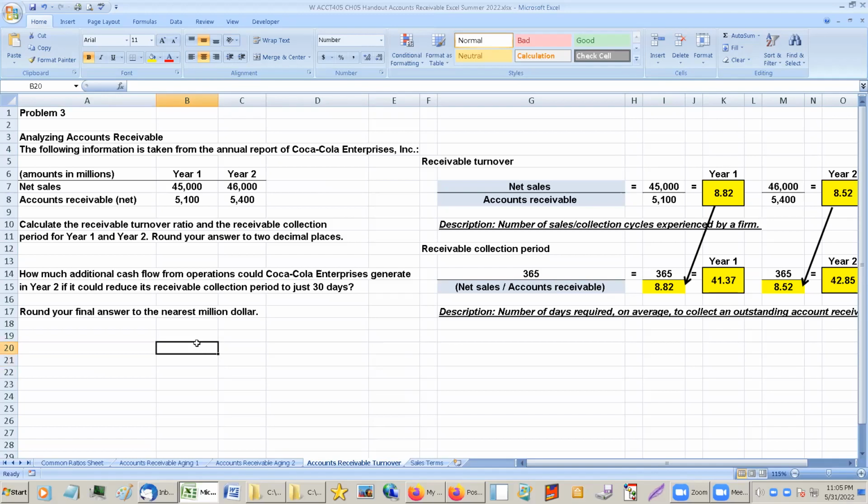Okay. Well, probably the easiest way to do that is by a ratio. You say you want 30 days, and currently it's at 42.85 days.